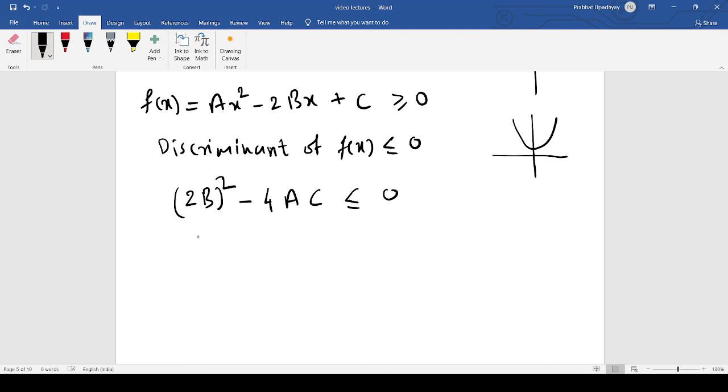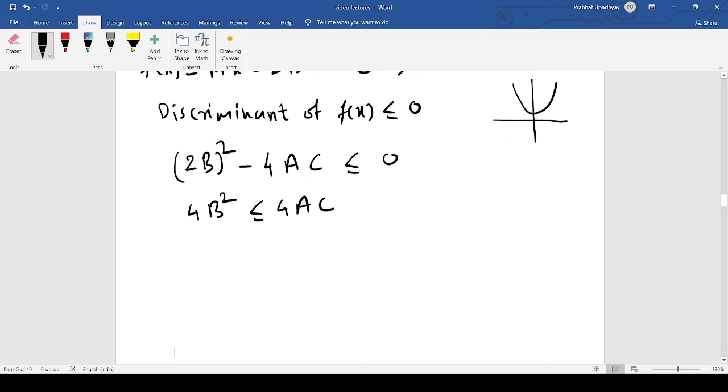From here you will get 2B square is 4 times B square, minus 4AC is less than or equal to 0. That means 4B square is less than or equal to 4AC. And then after multiplying by 1 by 4 on both sides of the inequality, you will get B square is less than or equal to A into C.